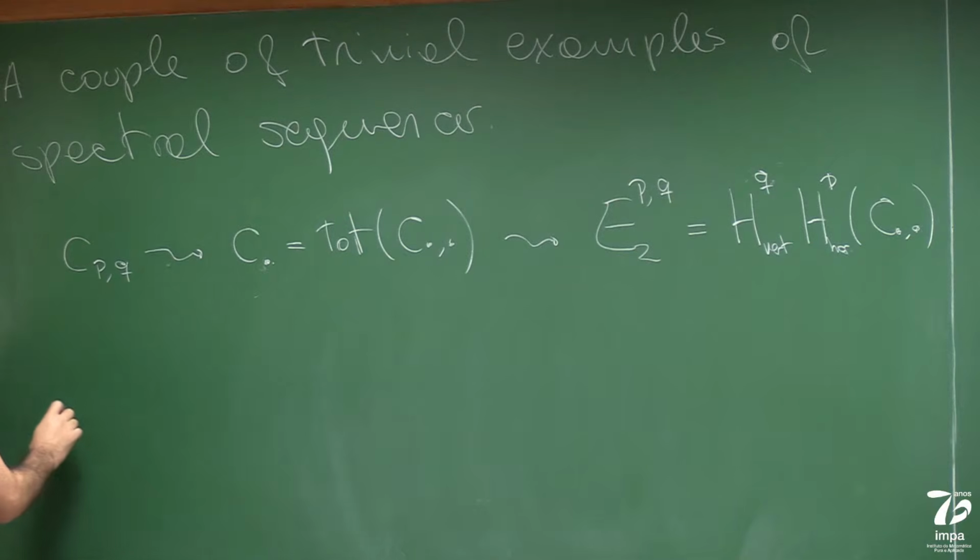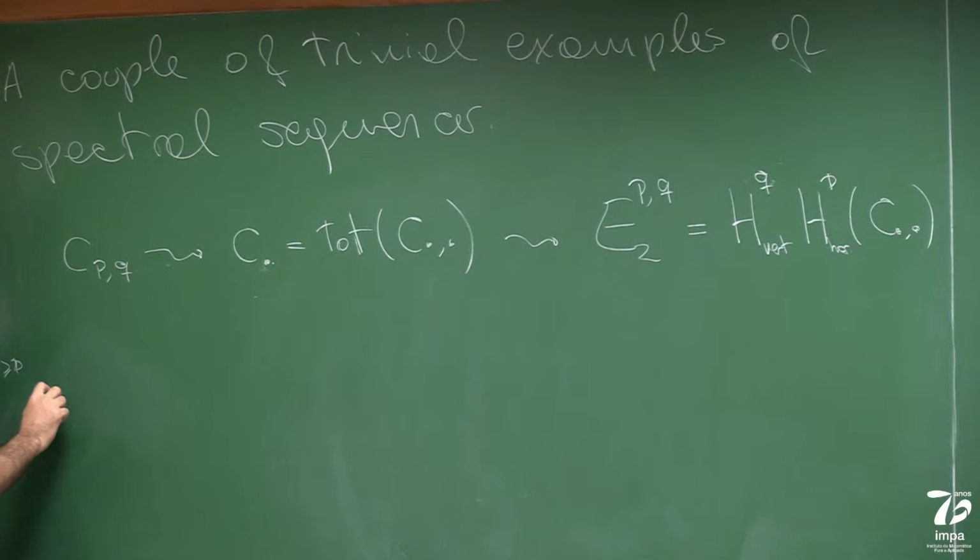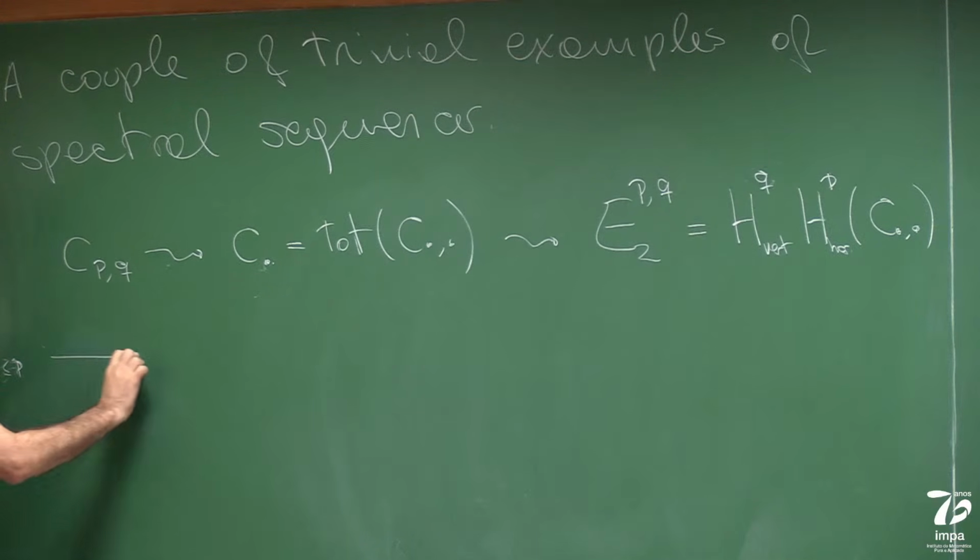And this came by looking at the filtration where I was considering everything after a given row. I think I was using increasing filtrations. So this is everything below a given row, because I was looking at homology complexes.